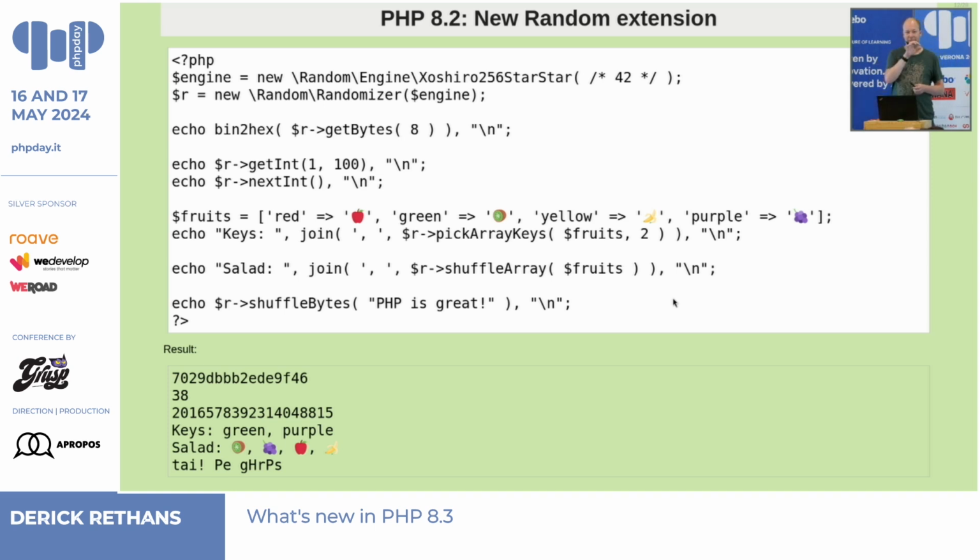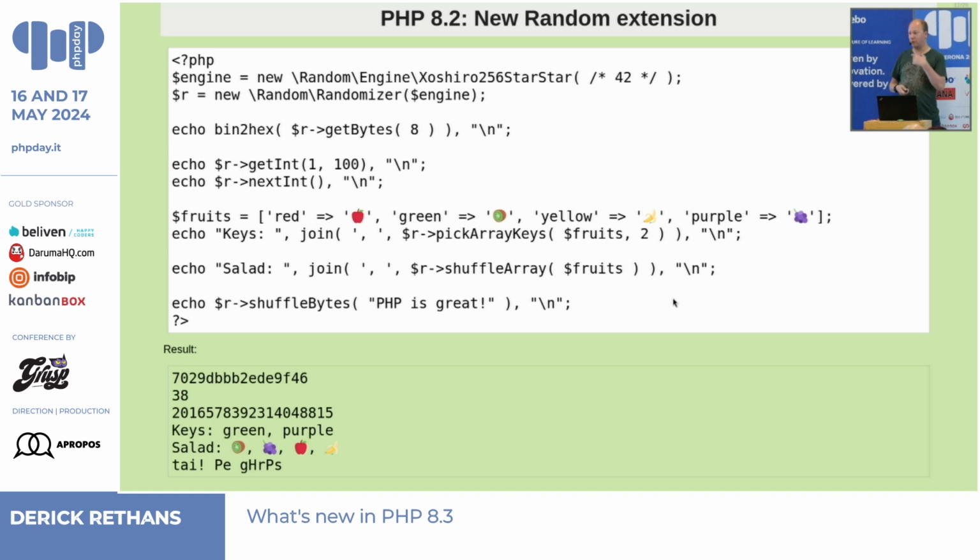Now, PHP's random number generator before PHP 8.2 is an implementation which was slightly different from most other languages, meaning that you couldn't create the same random sequence of numbers in JavaScript or in PHP or in Perl, for example, which is sometimes something that you need to have.